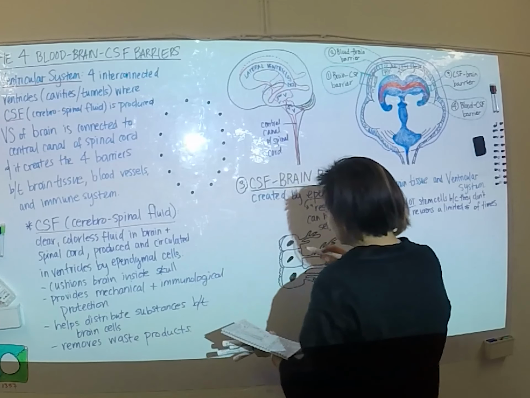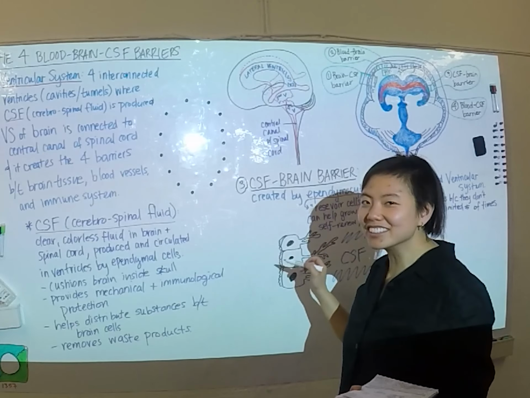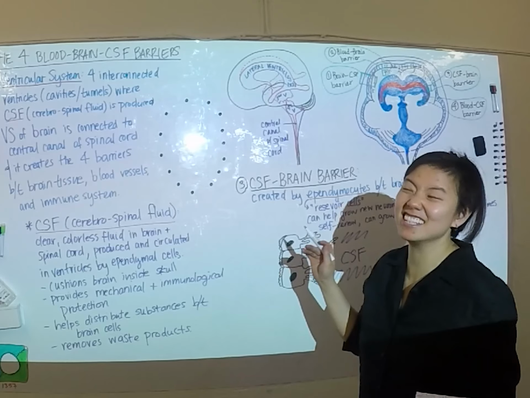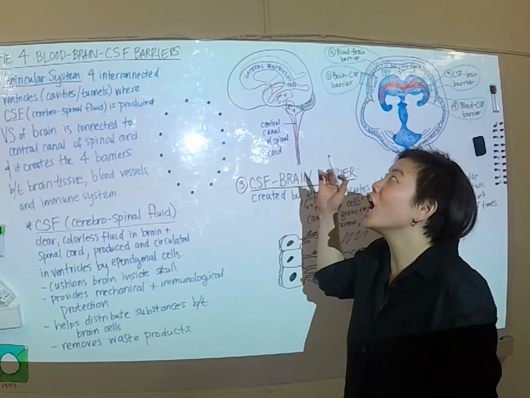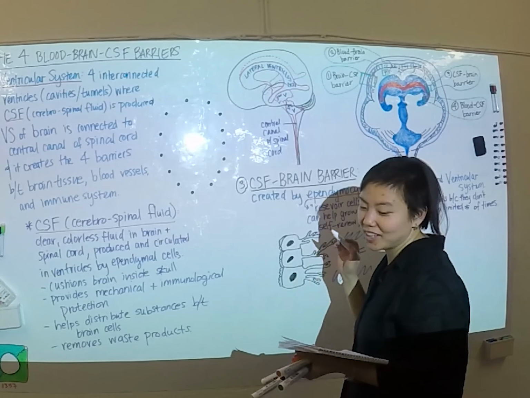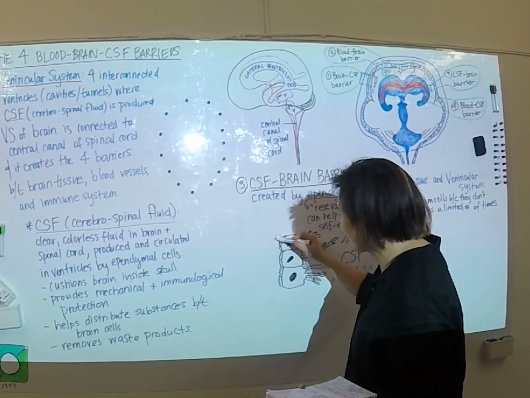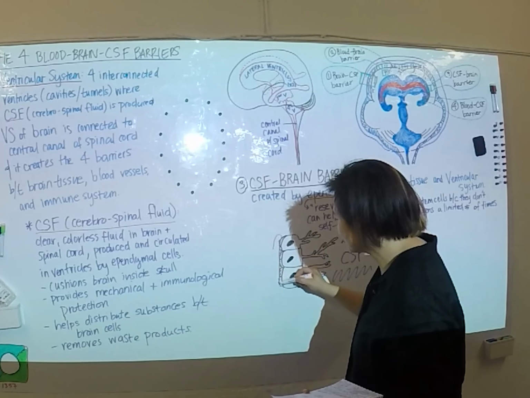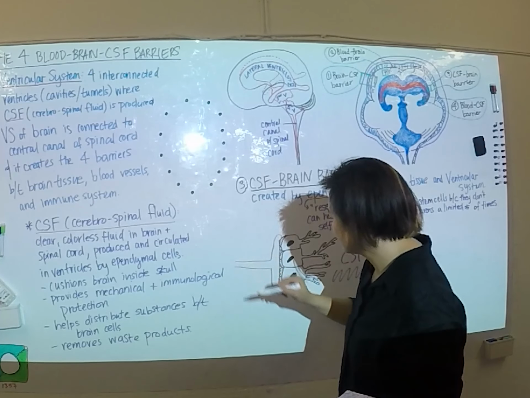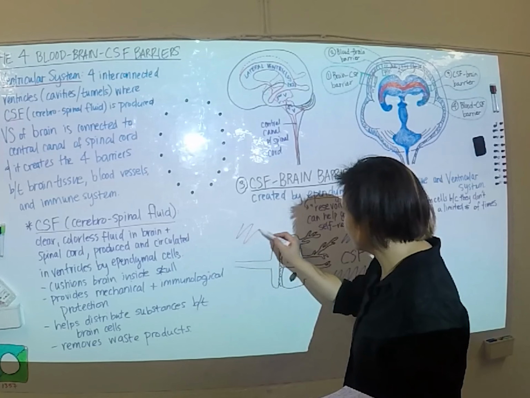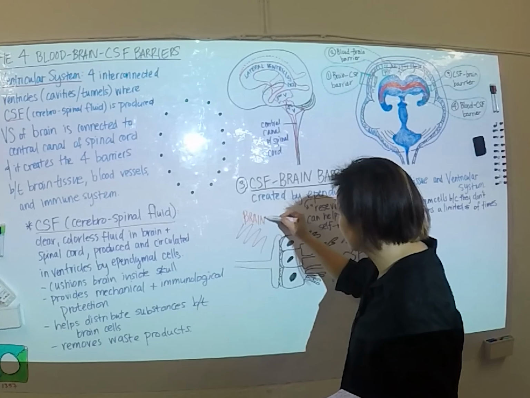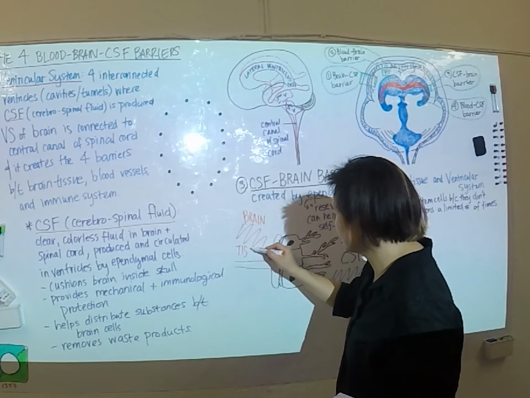And guess what? Another glial cell is part of this barrier. Hint is they've been involved in a lot of the barriers, and they're not the ependymocytes. Okay, the ones that I'm thinking of are the astrocytes. So we got more astrocytic feet. Okay, so over here is the brain tissue.